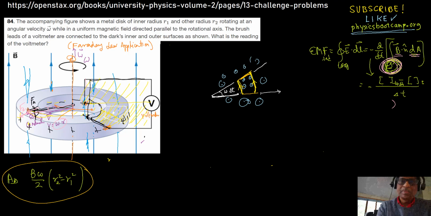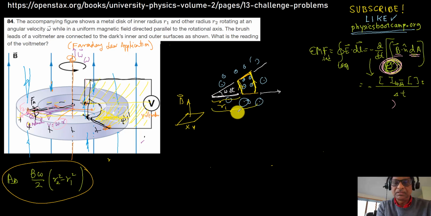Okay, so now I've drawn it out. So this is the XY plane, and the magnetic field is in that way. This is a cross section like that, and this distance is r1 and this distance is r2, and it was over here.